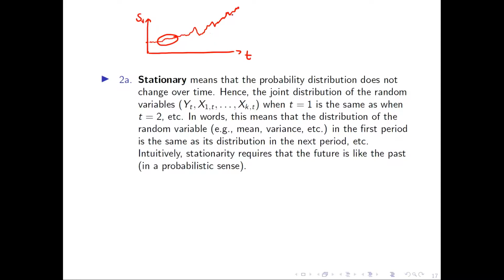At a later stage, for example here, so this was the first sample and this is the second sample, then you see that the mean of the stock price has increased, and the standard deviation has also increased. So this is a perfect example of a non-stationary process.